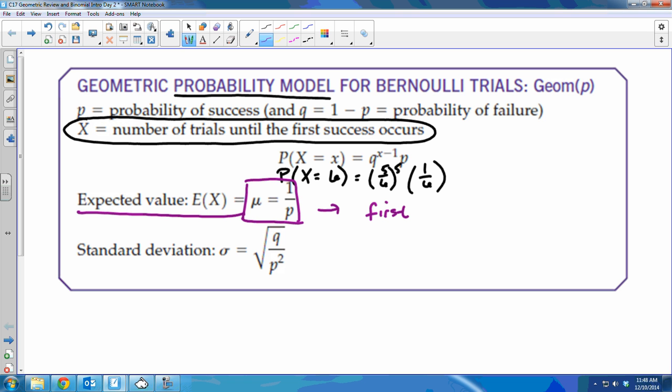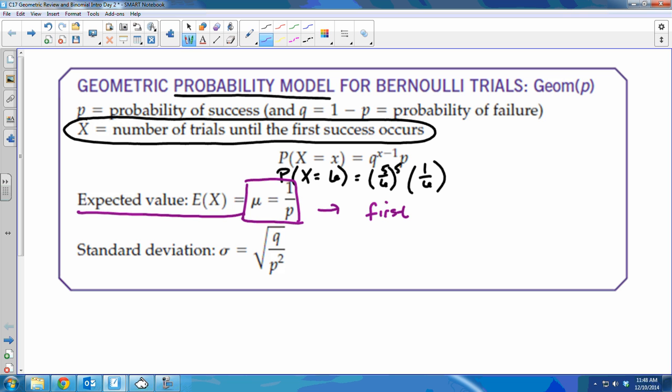They hardly ever, if ever, ask about the standard deviation of a geometric model. It just doesn't come up very often. They'll ask you about the other model all the time, but not this one. So I'm not going to worry about it as much. Okay?